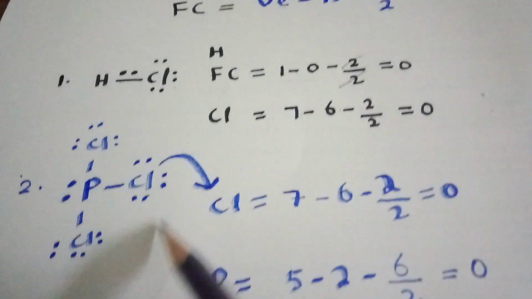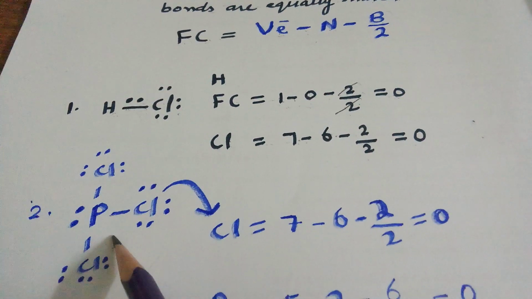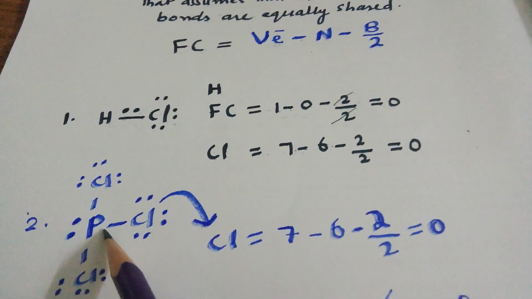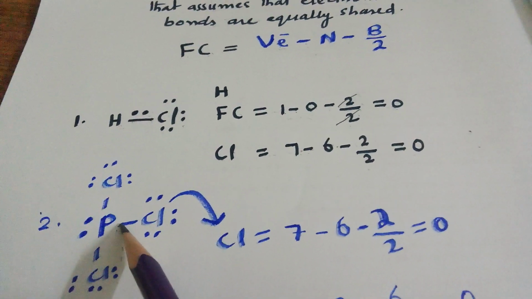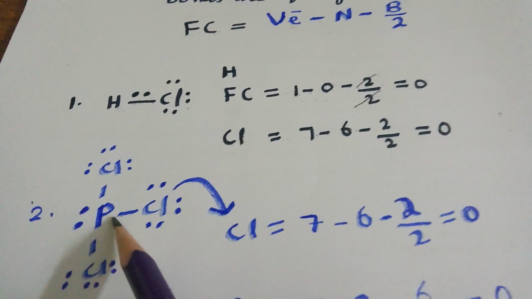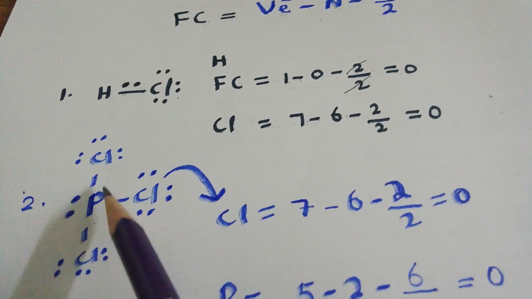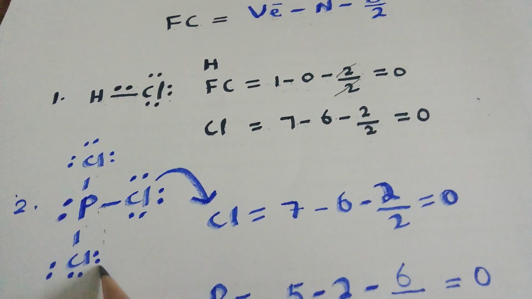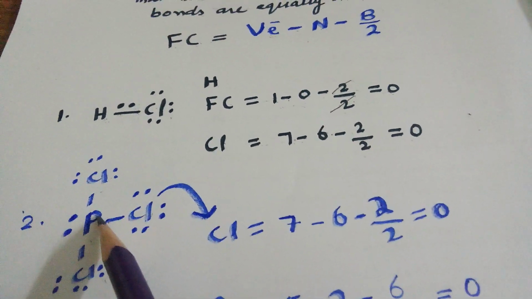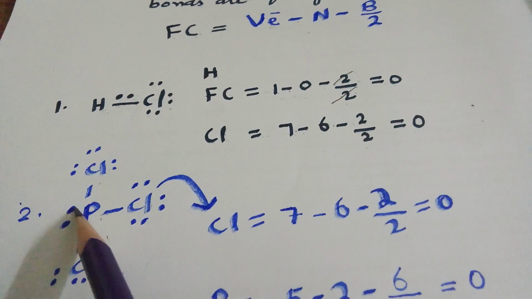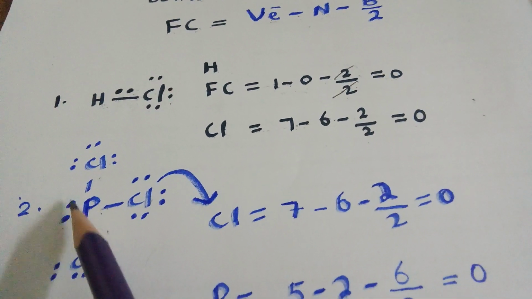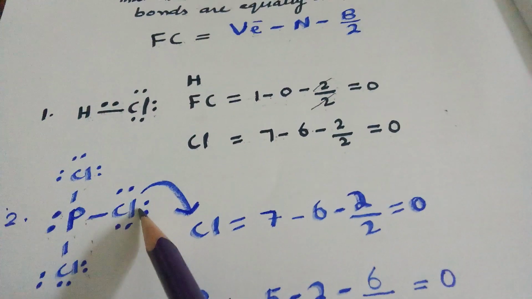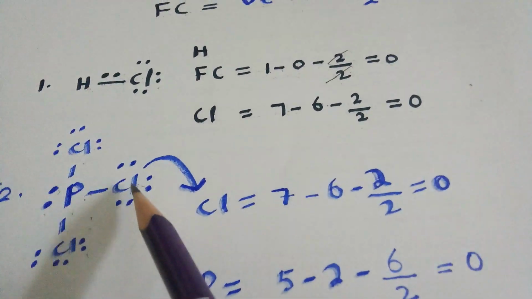Again, take another example. This is phosphorus chloride, PCl3. You can see here the phosphorus has formed 3 covalent bonds with 3 chlorine atoms. Phosphorus still has 2 electrons, one lone pair of electrons. Now let's find the formal charge for this chlorine.